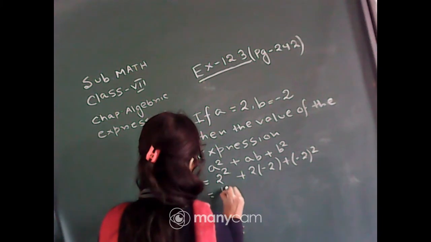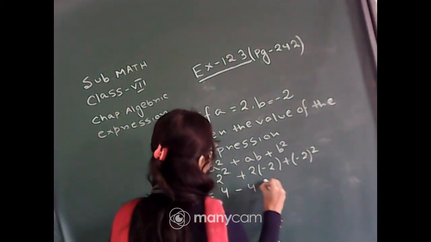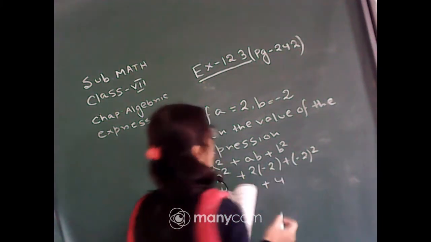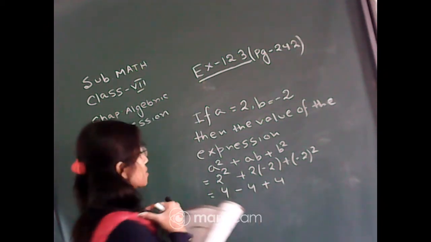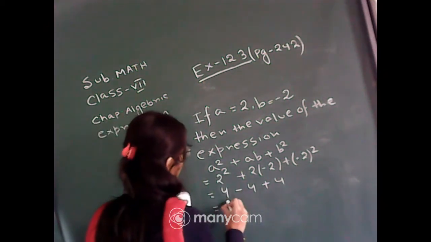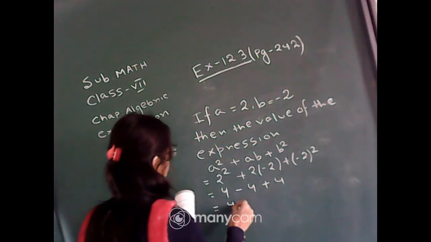This is equal to 4 minus 4 plus 4, as minus 2 whole square is equal to plus 4. Therefore, the required answer is 4.